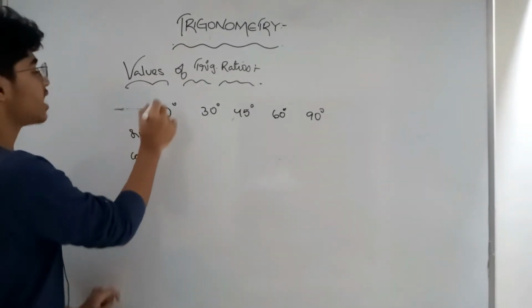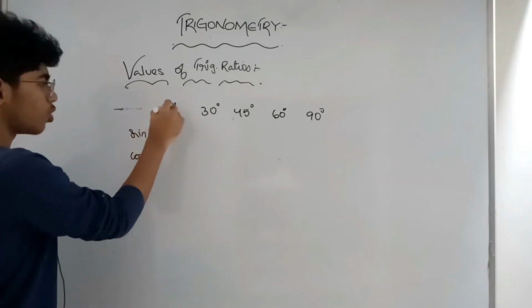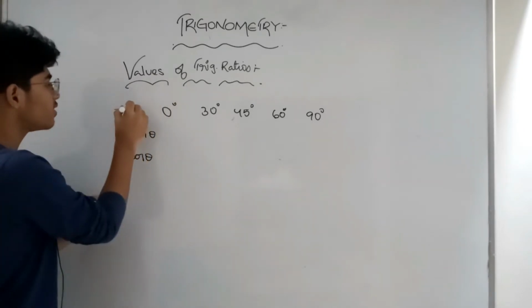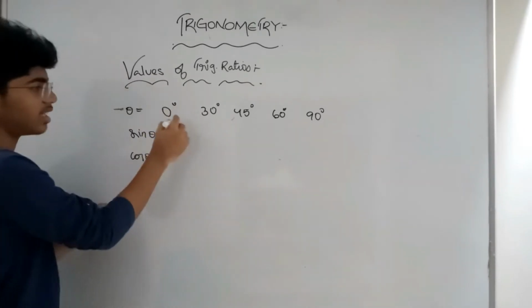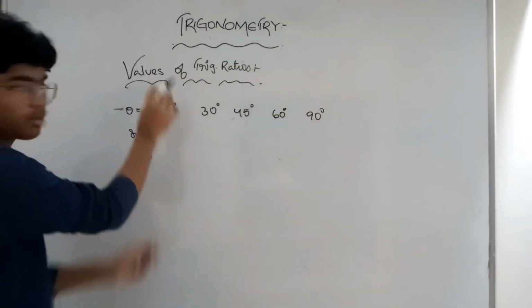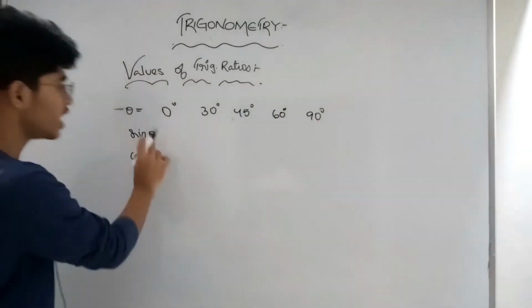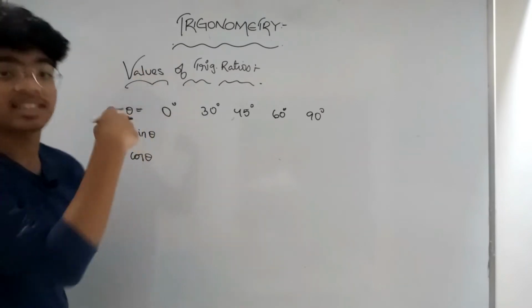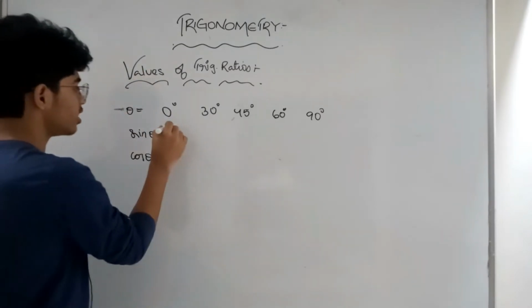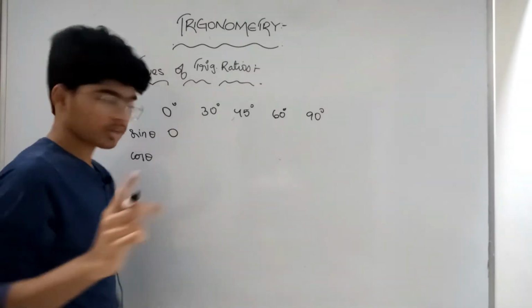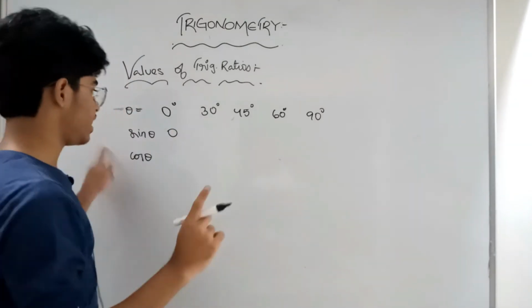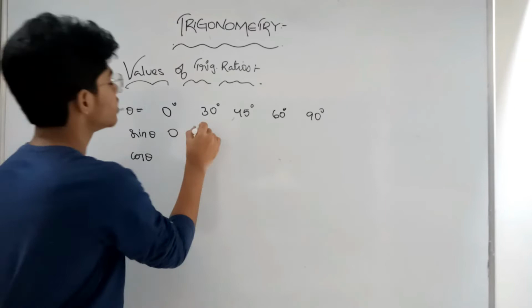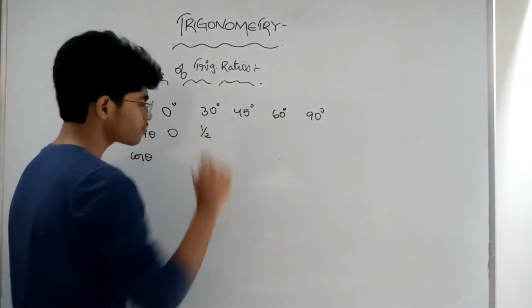We know that sine theta, if in the place of theta it is 0, sine 0, right? Sine 0 is 0, got it? Sine 0 is 0, and then sine 30 is 1 by 2.